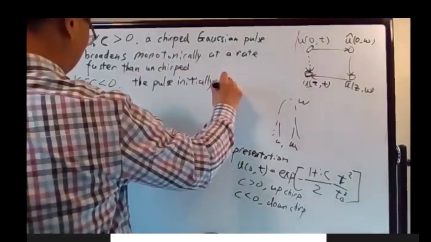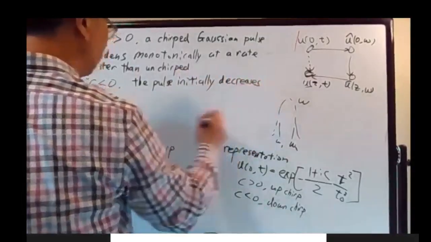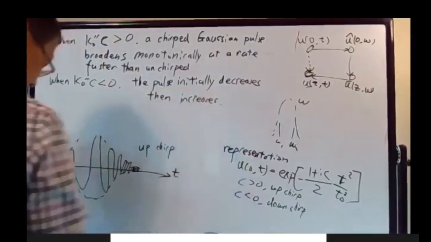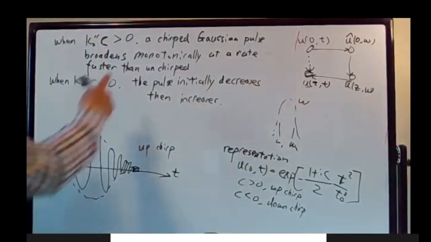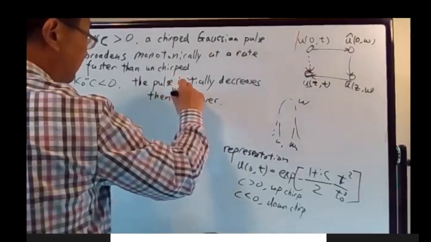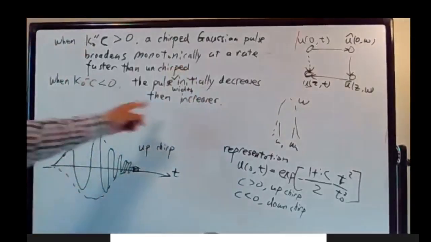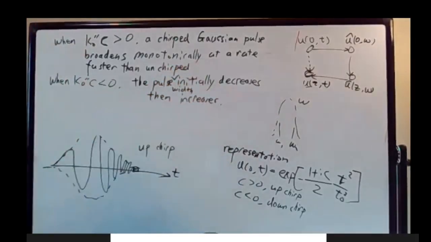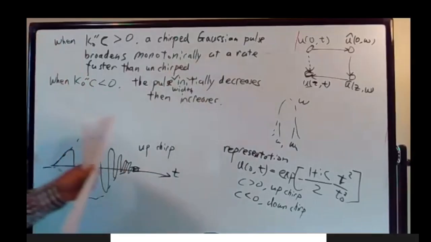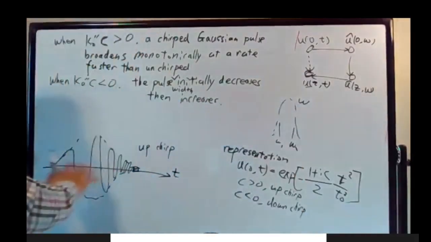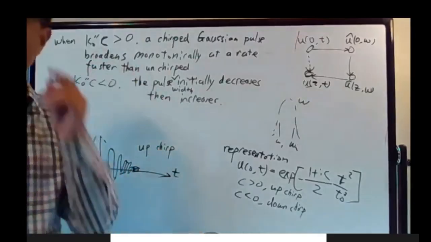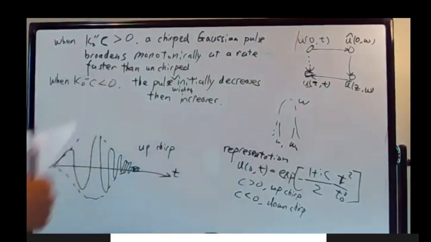Meaning that once I have some kind of chirp and dispersion, my propagation just compensates this chirp. So initially the width will decrease, but later on it increases, right?